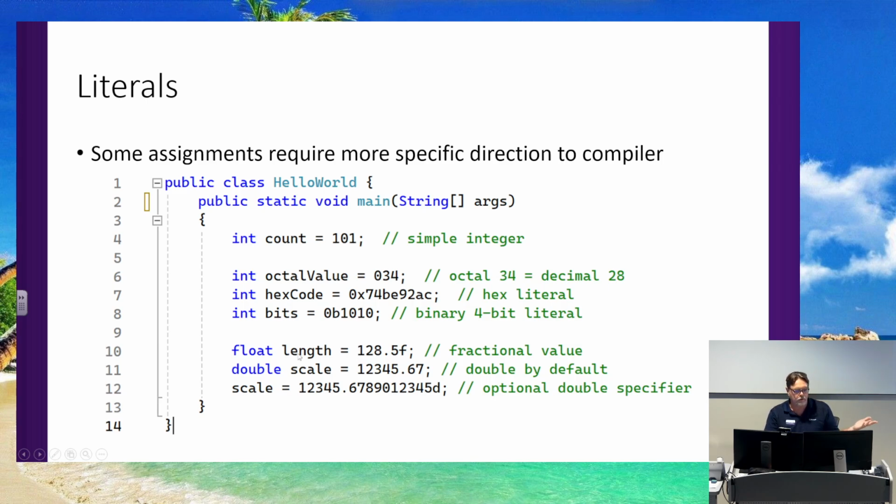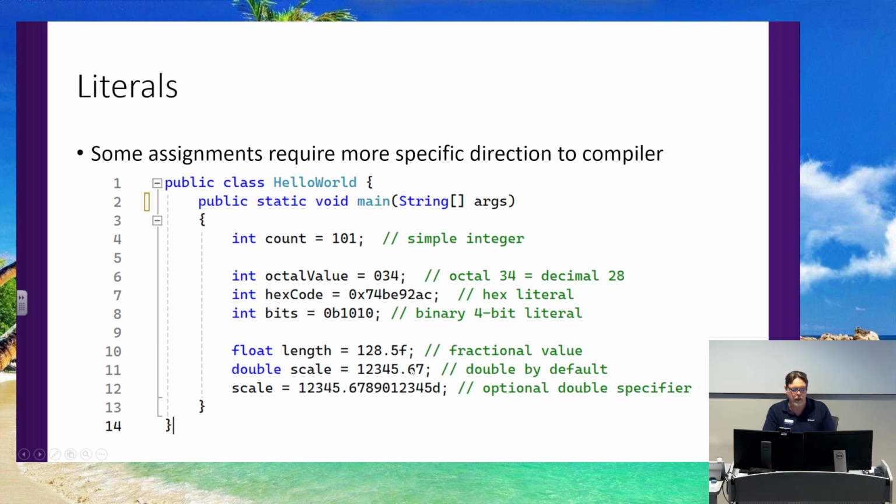Okay, so we get down to float and double. If you're just going to define a fractional literal, it's going to assume that you mean a double in Java. But if you only really want to specify a float, the smaller 4-byte version of it, then you just put the F at the end. So 128.5F is the way we read that, as opposed to 12,345.67 as a double.